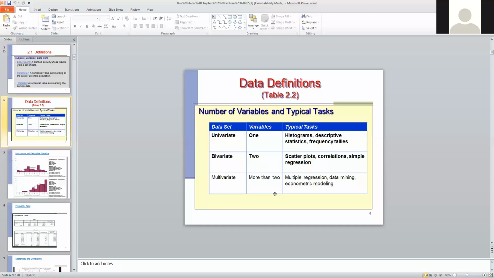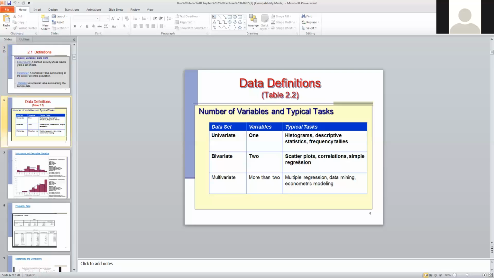So one of the things that we'll look at when we describe data is we'll be using a tool called Megastats. Megastats is just an Excel add-in that allows us to do some basic statistical analysis. Some of the statistical analysis we'll do is with things like histograms, which you've probably come across before. We'll do some descriptive statistics, which basically analyzes the mean, the mode, the median, standard deviations, and also allows us to do some frequency tallies.